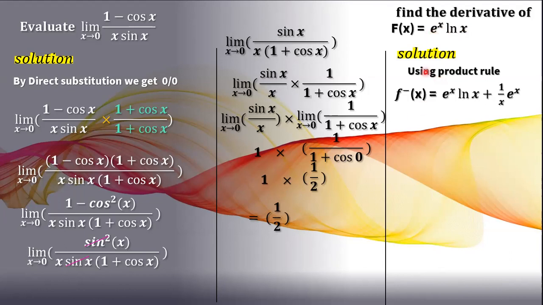The derivative of e power x is e power x, times ln x, plus the derivative of ln x, which is 1 over x, times the first one, e power x. Now we can take e power x as a common factor, so we'll get e power x times ln x plus 1 over x. This is the final answer.